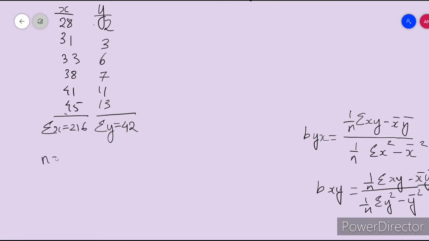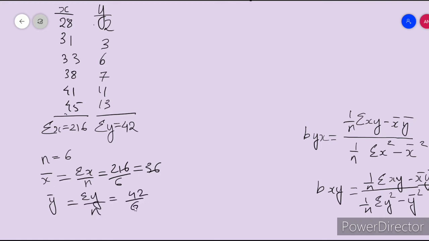So your n value is equal to 6. So the mean value of x will be 216 divided by 6, which is equal to 36. The mean of y would be 42 by 6, which is equal to 7.